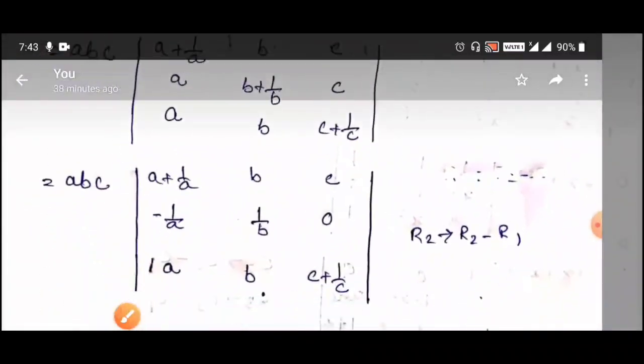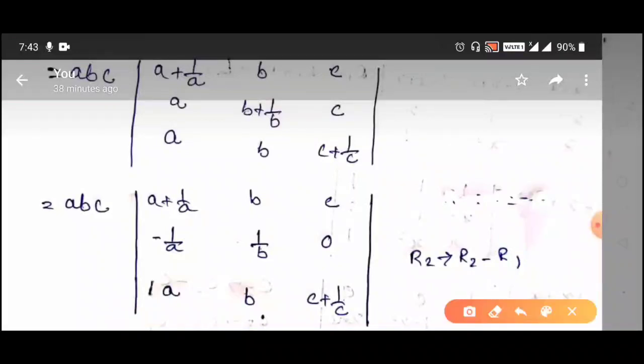Now we will replace row 2 by row 2 minus row 1. If we do like this, then this element will become 0. So here is the row 2.